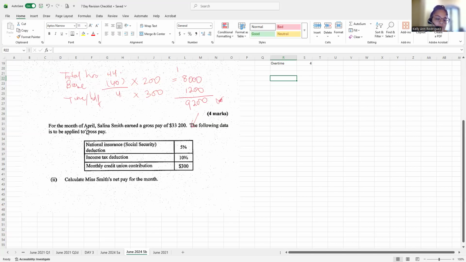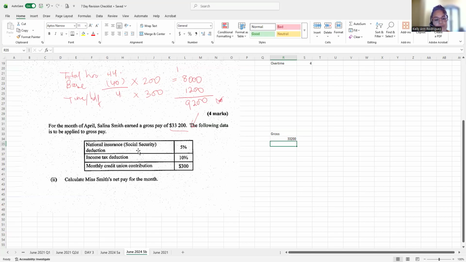So for the month of April, you are calculating the net pay, right? For the month of April, Selena Smith earned a gross of 33,200. That's a gross. Gross is what again? The amount before deduction. So she has a gross pay of 33,200, right?